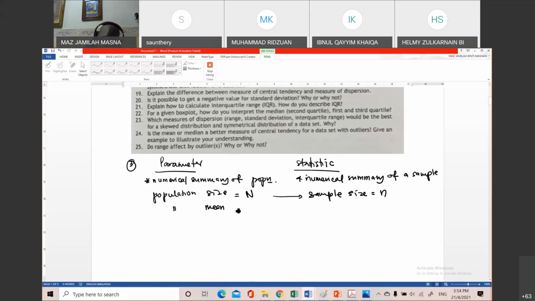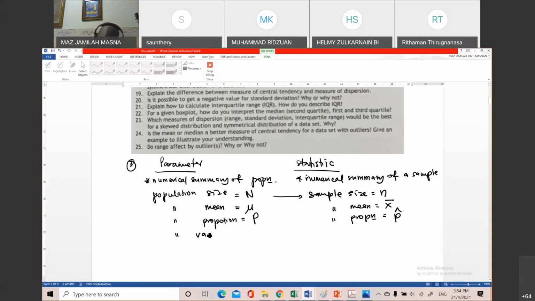What is the notation for population mean? Mu. What about the sample mean? X bar. What about population proportion? P, capital P. Sample proportion? P hat, or P prime. Also can.